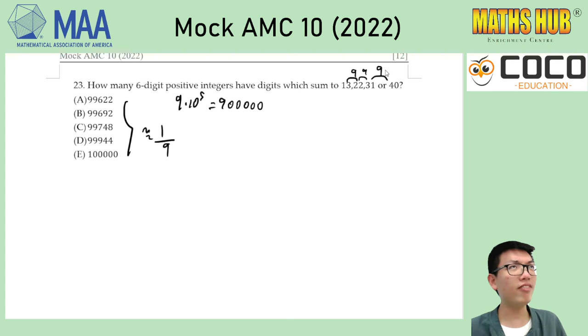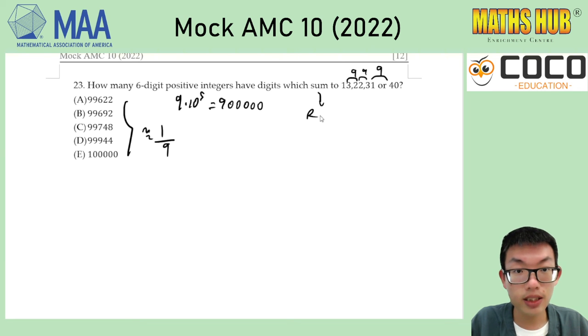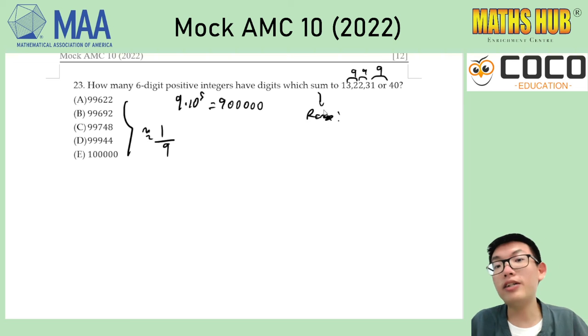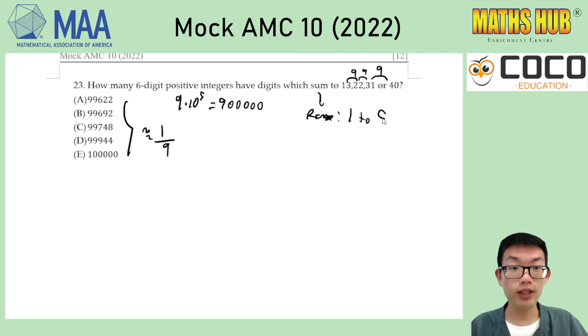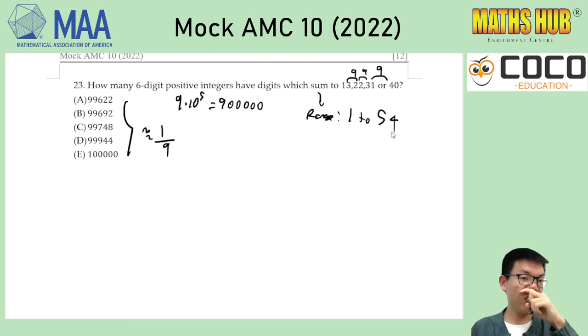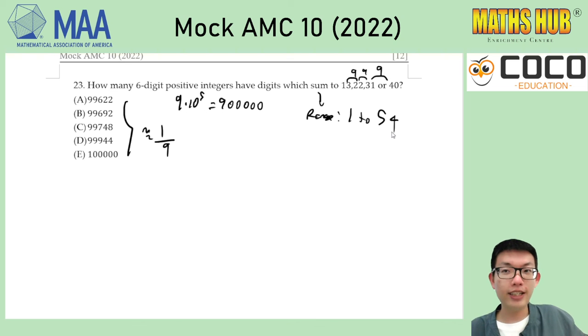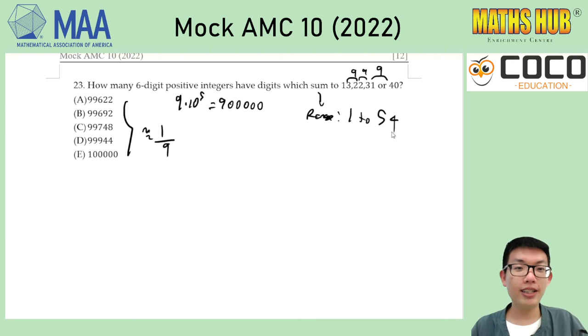But did I actually take every 9th number? So the range of sums: 100,000 is the smallest one, so that would just be a sum of 1. Now, 99999 will be the biggest one, so that's 1 to 54. So there are 54 possibilities. Obviously, 1 and 54 are a lot less likely, and something like 2 is also not very likely, but they are there.